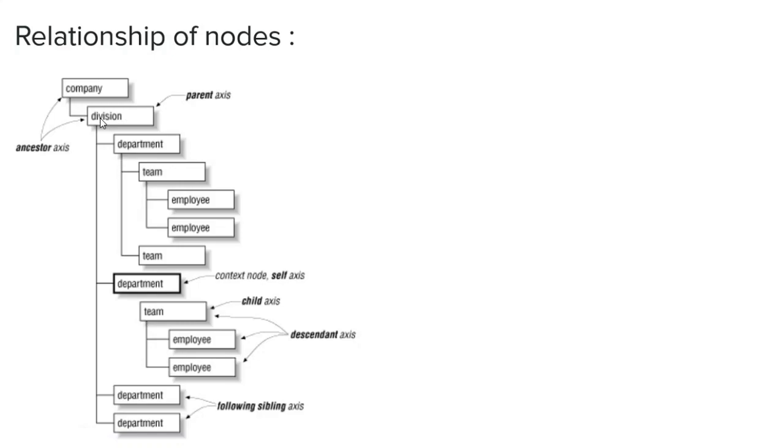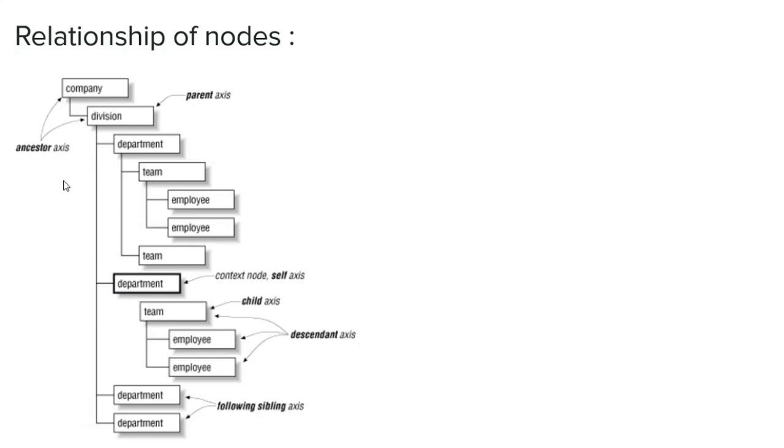Let's say I want to find the location of this division node, but this division node does not have any unique attribute. But we know this is the context node. This department web element has some attribute via which we can locate this department node. If I know the XPath of this department node via some unique attribute, then I can use this relation. I know that this division node is a parent of this department node.